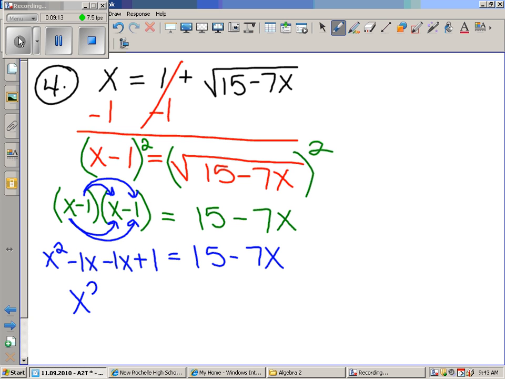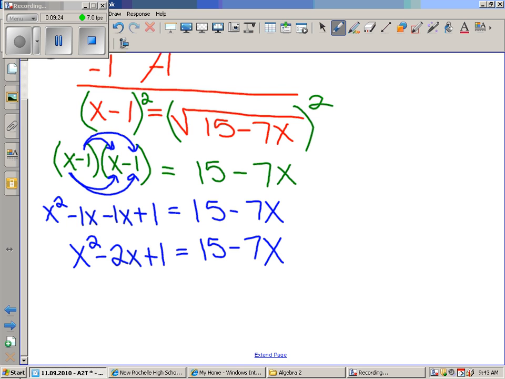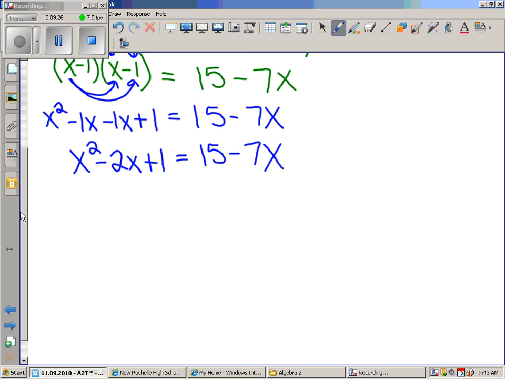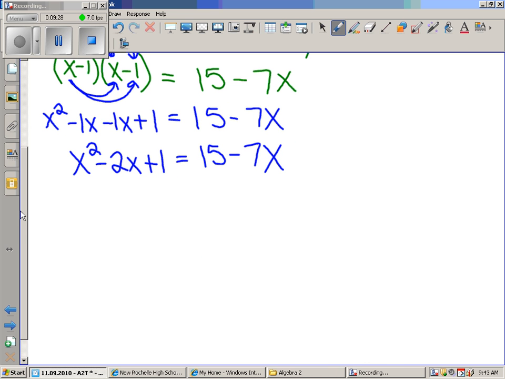So here we go. For those of you that guessed, x squared minus 2x plus 1 equals this business. Uh-oh. We've seen problems like this before. Of course, you got to set it equal to 0, and we got to solve.